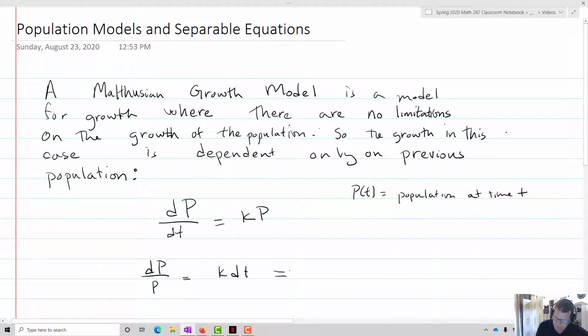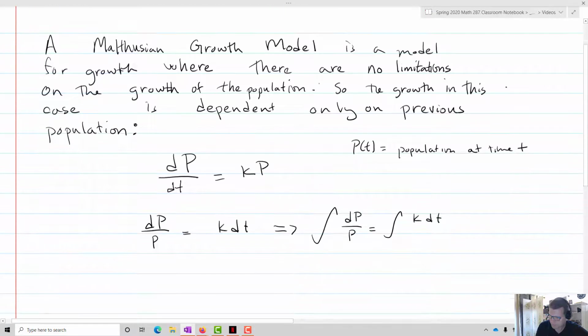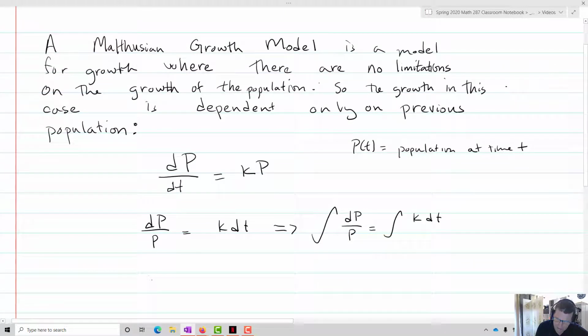And now that I have it in that form where my variables are in fact separated, I can take the integral of both sides: the integral of dP over P is equal to the integral of k dt. And so consequently, what we get is the natural log of P equals kt plus C. And what we want to notice is that in this case, it's a population, so it's never going to be negative.